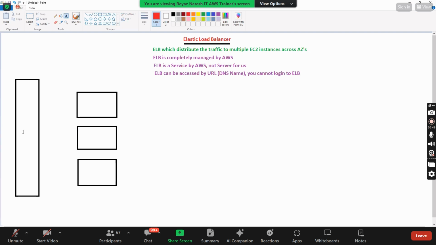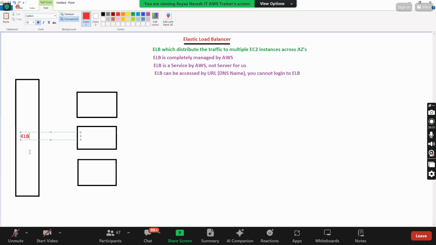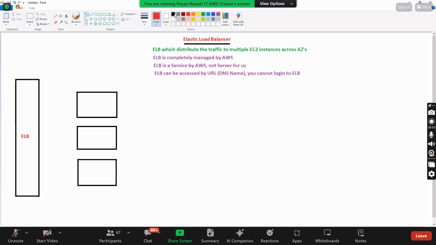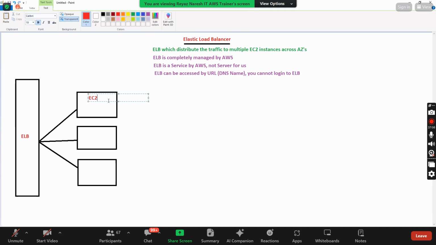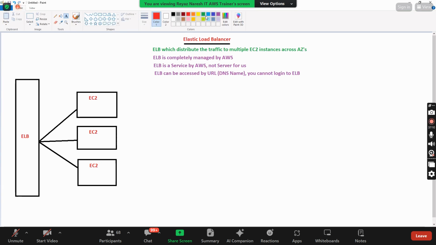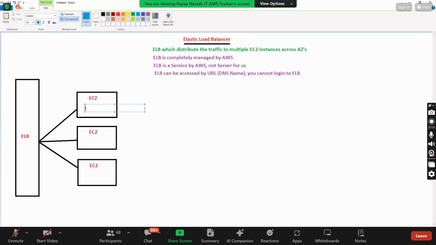Okay, so this is ELB. ELB is distributing the traffic to these EC2 instances. And inside these, do we need the same application or different applications?